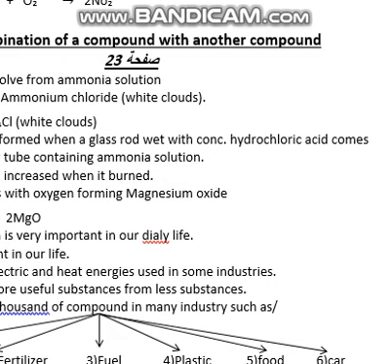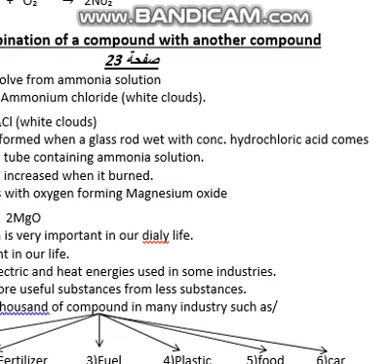When you put a tube with ammonia and pass it near the mouth of a test tube containing hydrochloric acid, what happened? It produced white cloud. NH3 plus HCl conc, which means concentrated, produces NH4Cl, the white cloud.